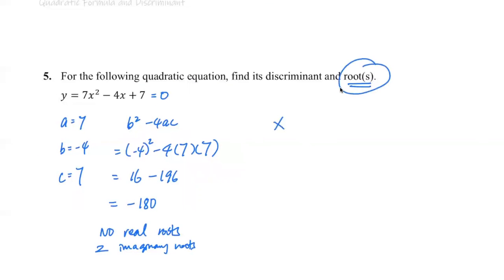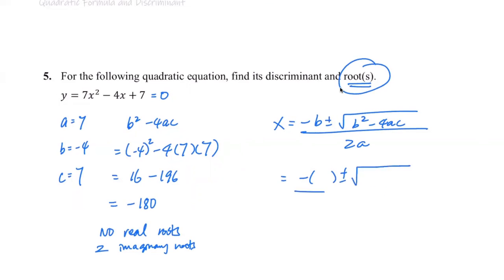So we have the quadratic formula, right? Negative b plus or minus square root of b squared minus 4ac, over 2a. Now we are going to make things a little bit easier because we did some work already. So we put in the b right here.